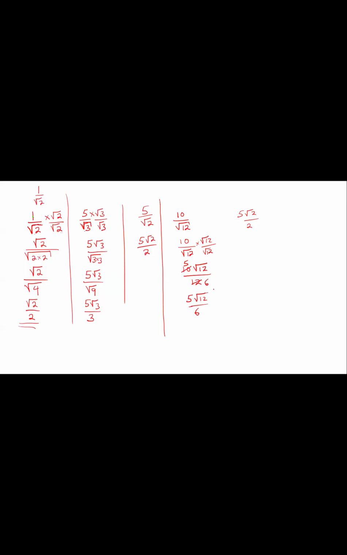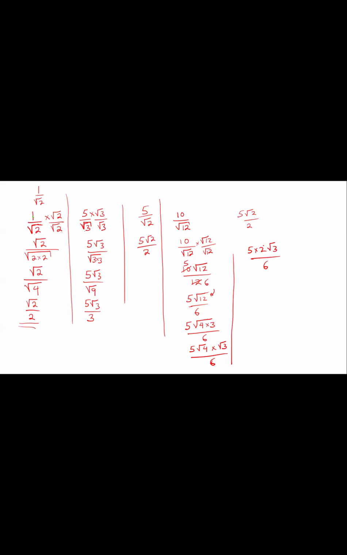But still this one inside can be simplified further. So you say that 12 can be given in terms of 4 times 3 out of the 6. So what do you end up with? It becomes 5 root of 4 times root of 3 divided by 6. So what would you end up with? 5 times 2 root of 3 out of 6.